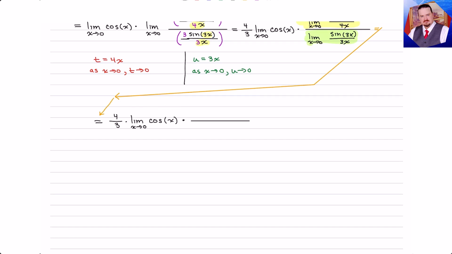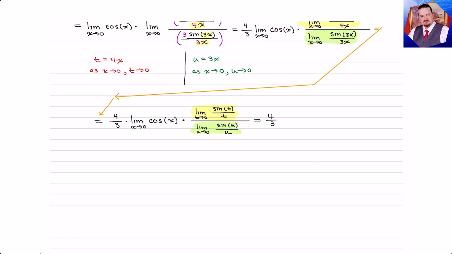Okay, so here I have the limit as t goes to 0 of sine t over t. In the denominator, the limit as u goes to 0 of sine of u over u. As we have seen repeatedly throughout this video, each of those limits separately in the numerator and denominator go to 1. So now that everything's ready, let's evaluate each limit. 4/3 is constant. Nothing's happening there, so copy that down.